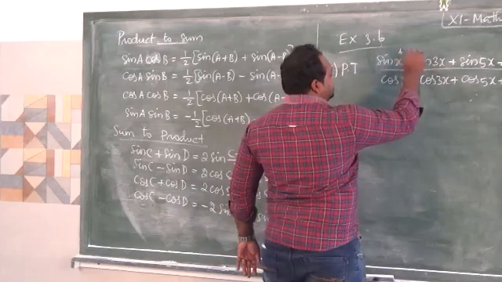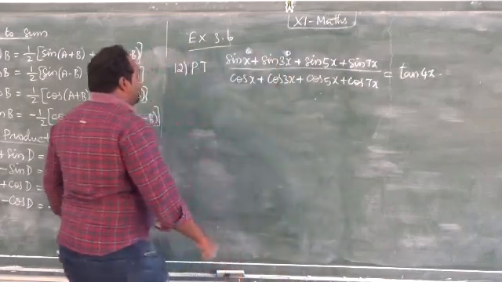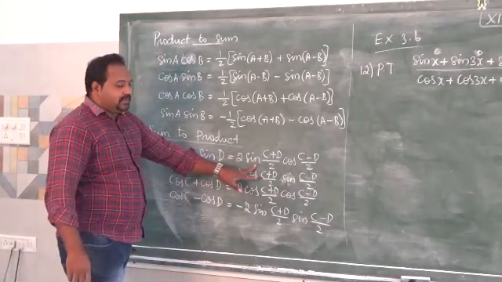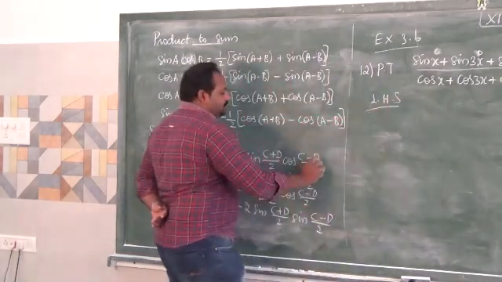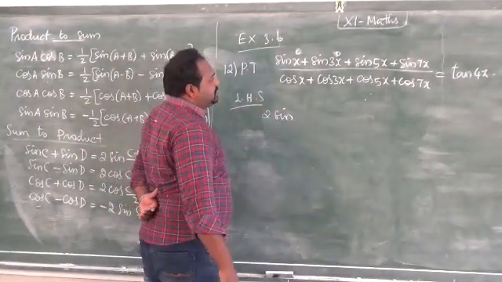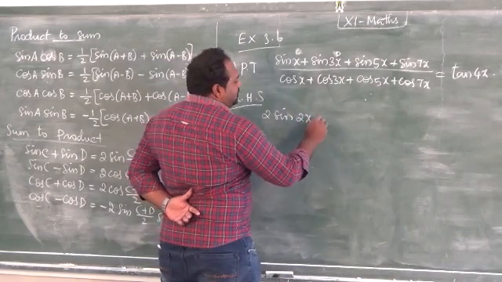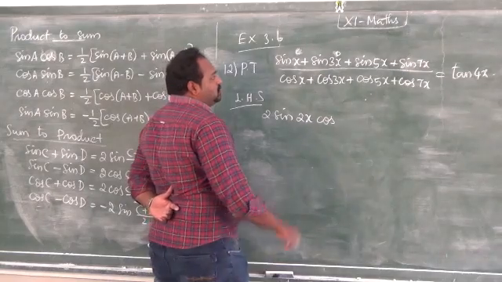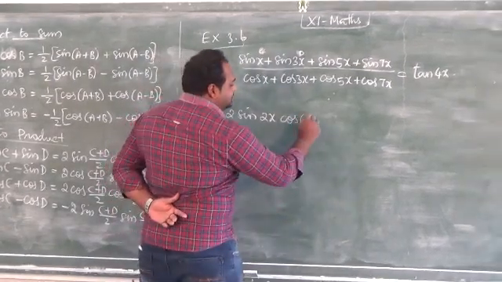Here I'm going to consider this as C, this as D. The formula sin C + sin D is 2 sin((C + D)/2) cos((C − D)/2). So on the LHS I use this formula: 2 sin((C + D)/2), x plus 3x is 4x, by 2 it's 2x, into cos((C − D)/2), x minus 3x by 2 is minus x.